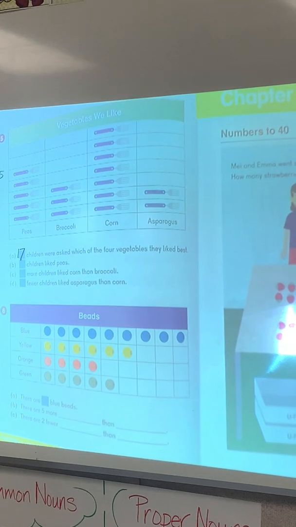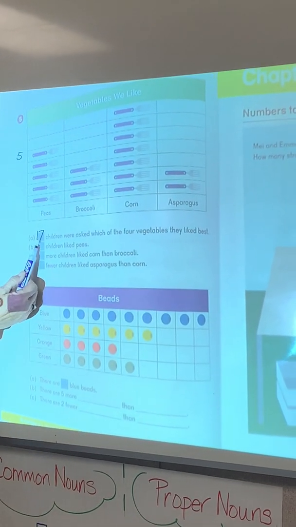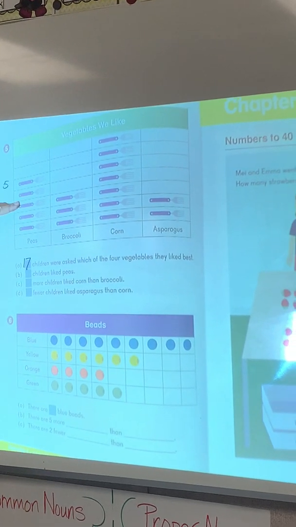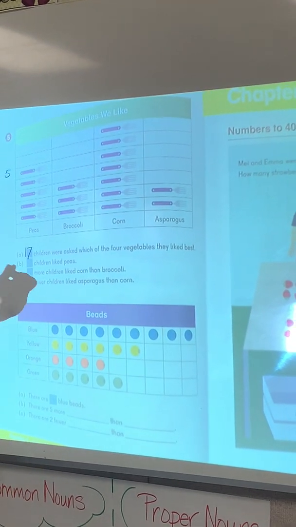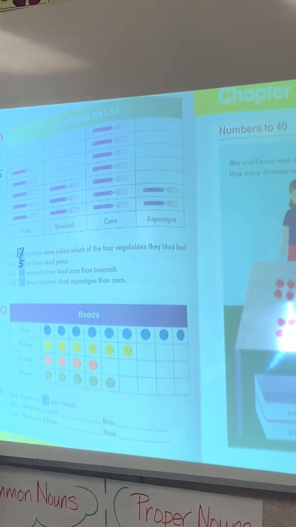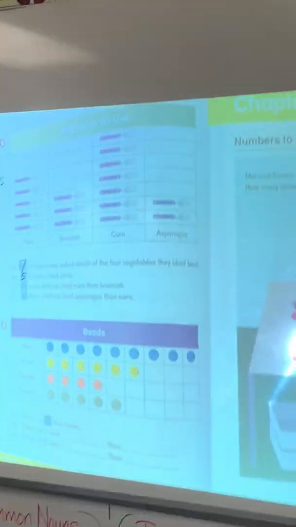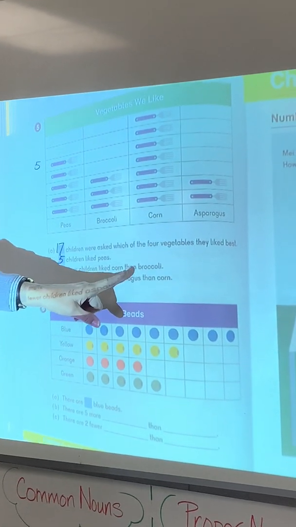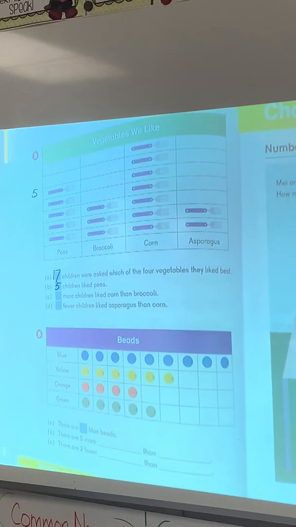How many children liked peas? Blank children liked peas. Well, we already counted that one right away, right? That's 5. 5 children liked peas. Blank more children liked corn than broccoli.